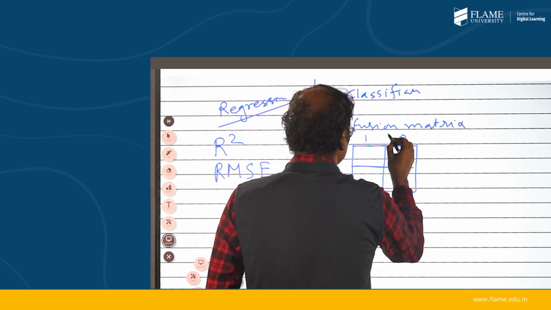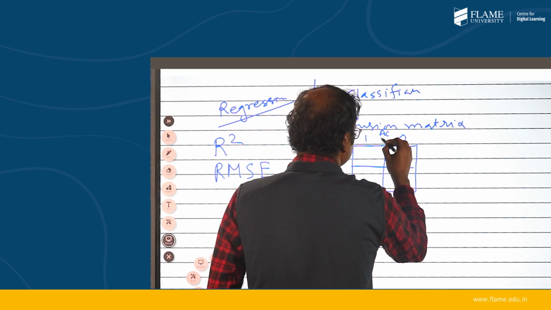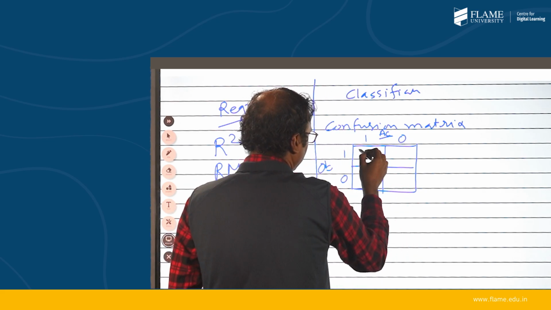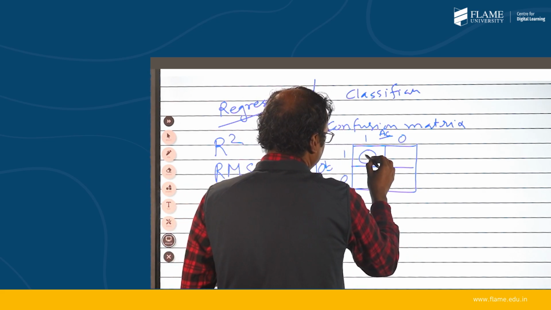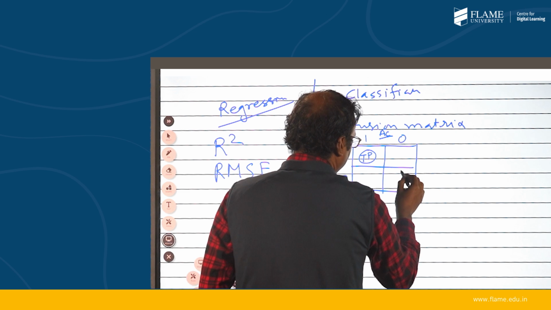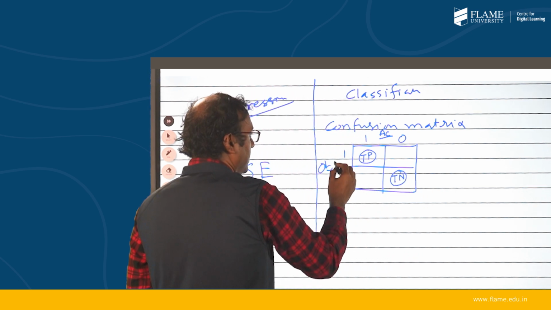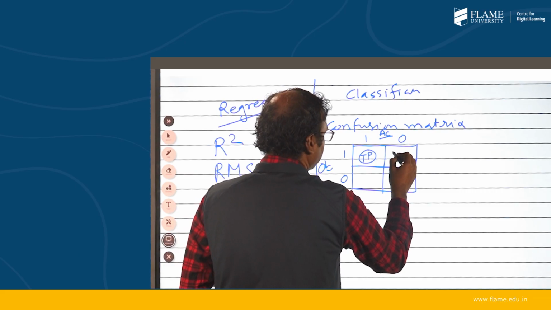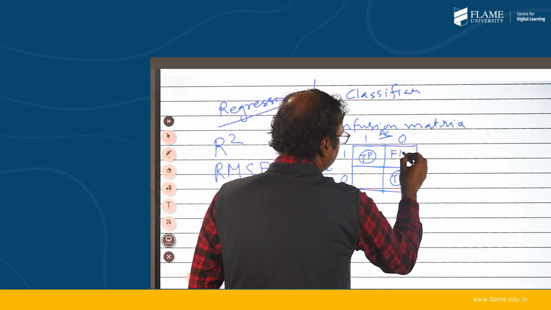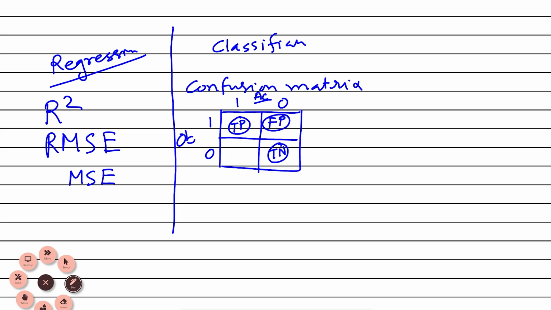This is your actual. So these two cases are the true positive and the true negative. And here it is false positive, and this is the false negative. So these values determine how accurately your model is predicting a particular class.